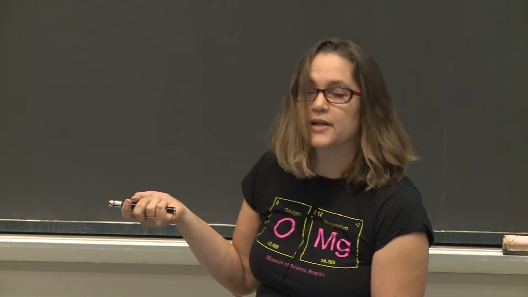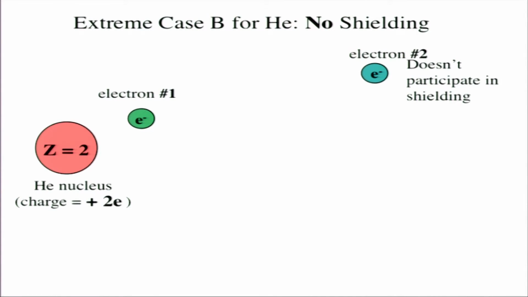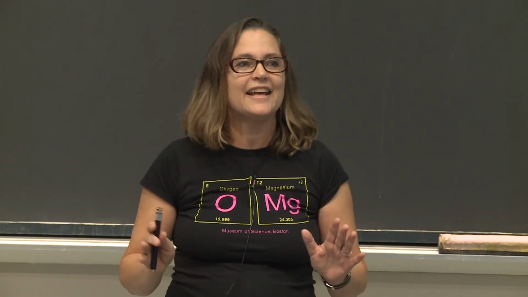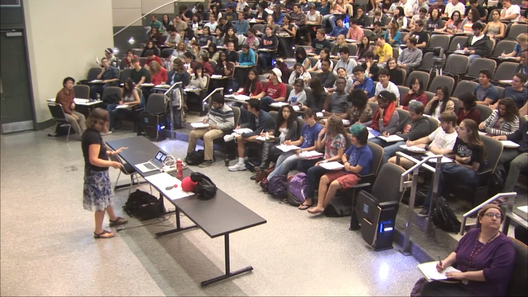And in this extreme scenario, electron 2 is not participating in shielding at all. It's far away. I'm not sure what it's doing. Maybe it lost its supersuit and can't find it. It might be at the dry cleaners. We don't know what's going on. In any case, it is out of the game. It is not involved. It is not shielding at all.